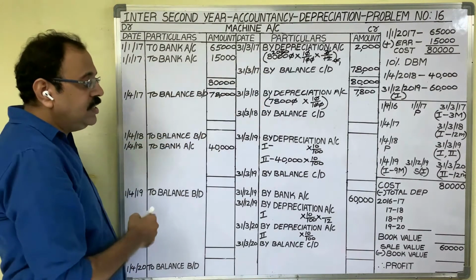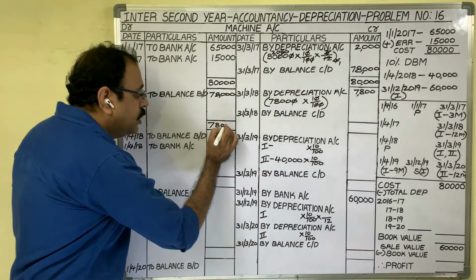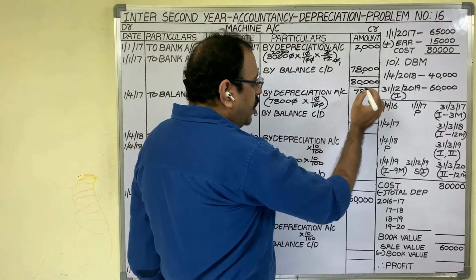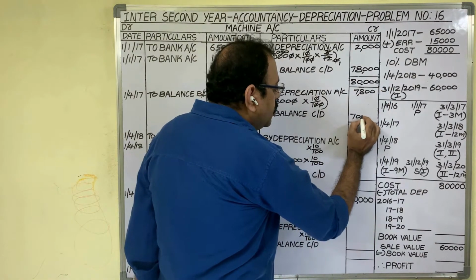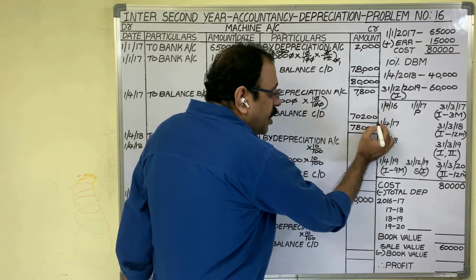Then find out the balance carried down. Debit total 78,000 rupees minus credit total 7,800, 70,200. Put the total. Second year is completed.